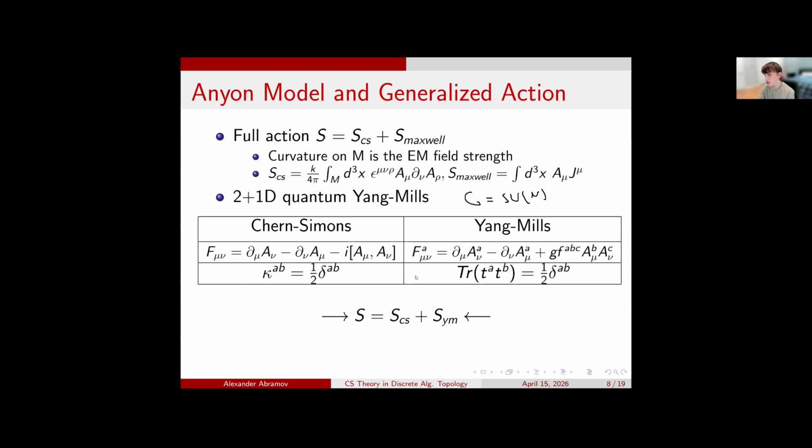And this is super similar to what we have for Yang-Mills. If you take the trace of these generators of the Lie group G, so T are the generators of the Lie group G, you get the same vector, right? And this is pretty interesting because it shows a similarity between Chern-Simons and Yang-Mills.